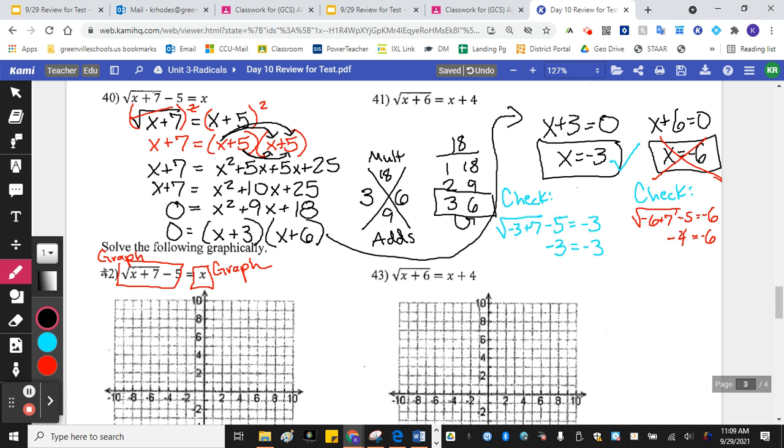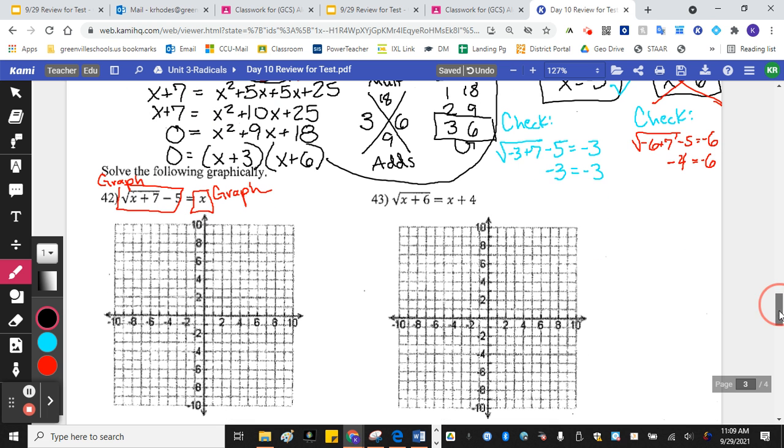So the left side is the square root function moved left 7, down 5. Left 7, down 5. Okay, so you just write it with your translation.